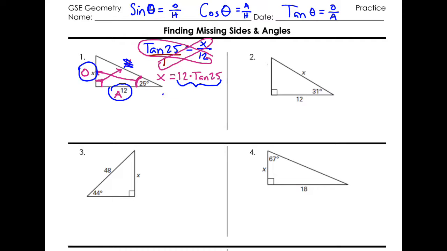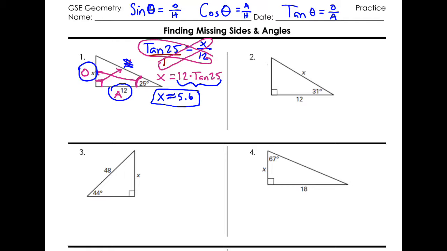Otherwise, if you have a handheld already, just type in 12 times the tan of 25, as long as you're in degree mode, and you should get 5.5956. So I'm going to round to the nearest tenth, about 5.6. I'm going to make my equal sign approximately, since we rounded. So x is approximately 5.6.